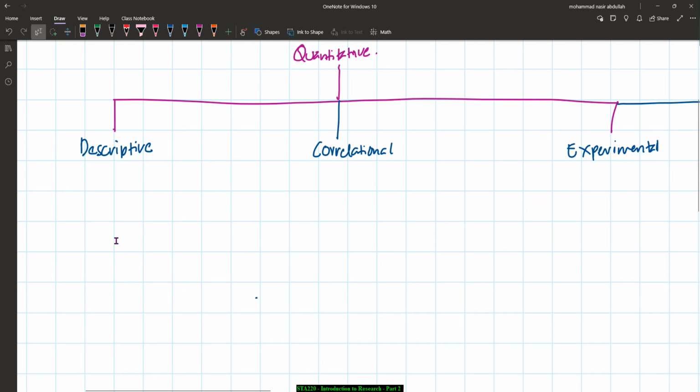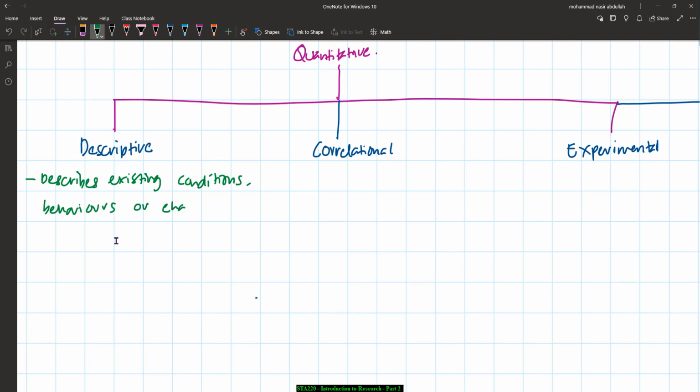Right, let's look at the descriptive research design. Basically, descriptive research design describes existing conditions, behavior, and all characteristics. So basically, in descriptive research design, we just want to describe the existing condition, behavior or characteristic without manipulating any variables.